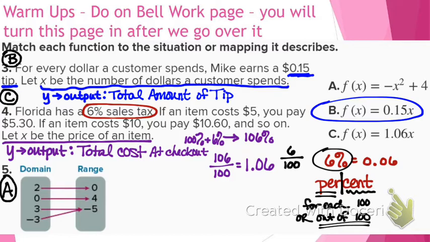3 and -3. Yes. 3 and -3 are both mapping to -5 right here. Two inputs are going to the exact same output. To be one-to-one, one input goes to one output and no other inputs go to that same output.